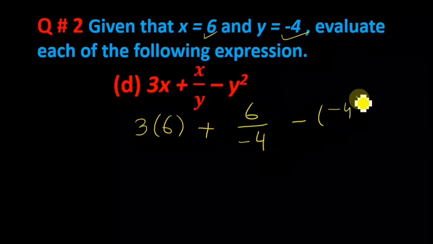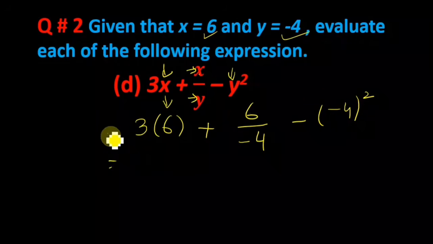Plus 6 over minus 4 minus bracket minus 4 whole squared. We will not change anything in the expression except the values of the variables. Instead of x we will write the given value of x, instead of y, we will write the given value of y.